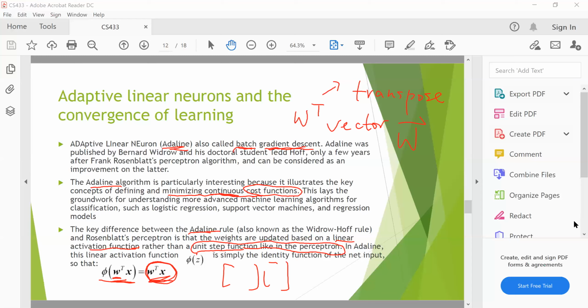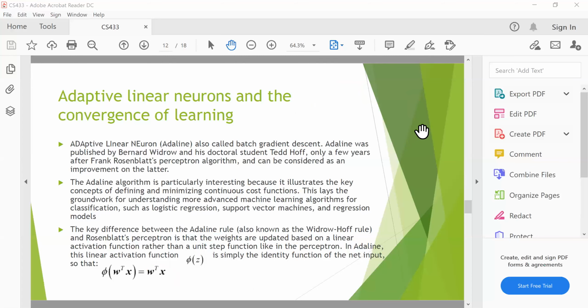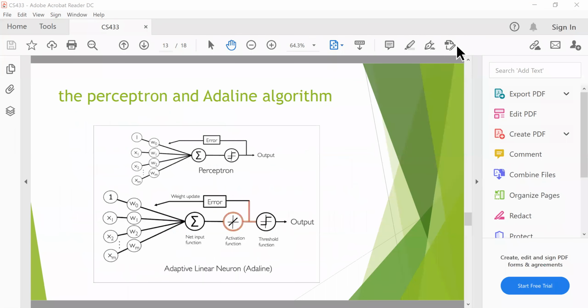So we know that. Okay, and this is a decision function. So its activation is a linear combination of weights multiplied by the features. Okay, so this is the concept.